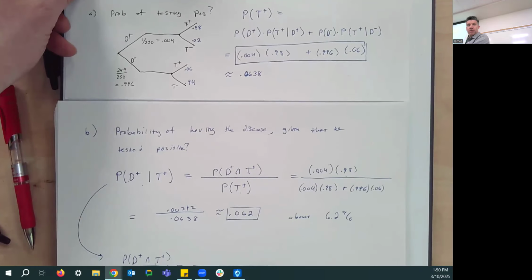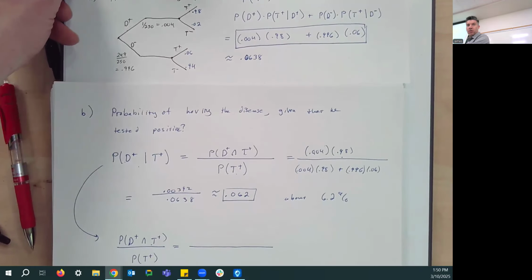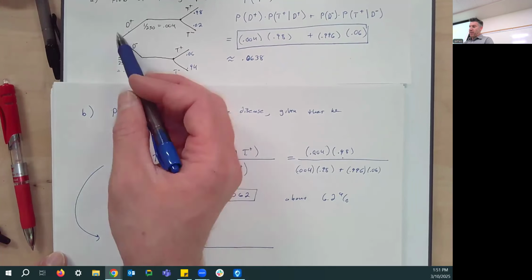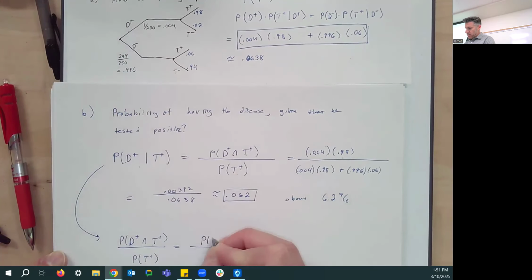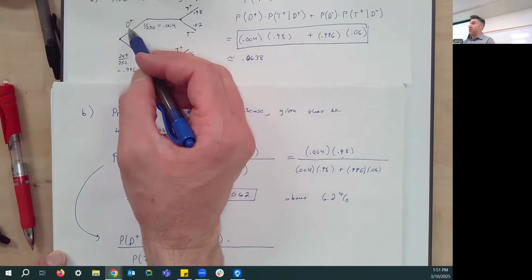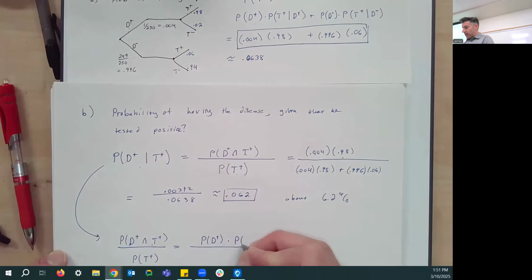So for disease and positive test, first we take the path of disease, then we multiply by the path of positive test given that you already have the disease. So it's the probability of that conditional probability there. Again, all these things we already wrote down at the very beginning of this problem, or we could have found.